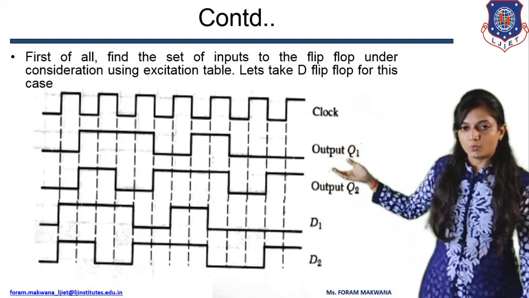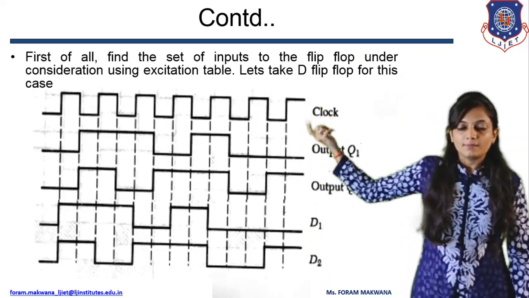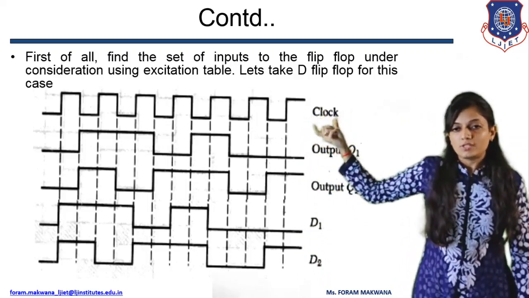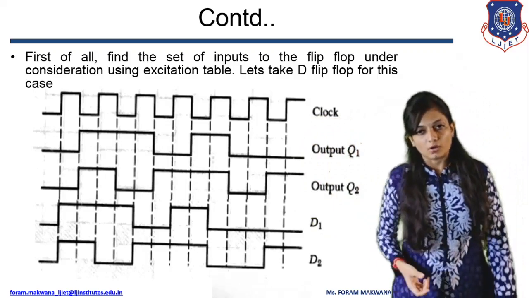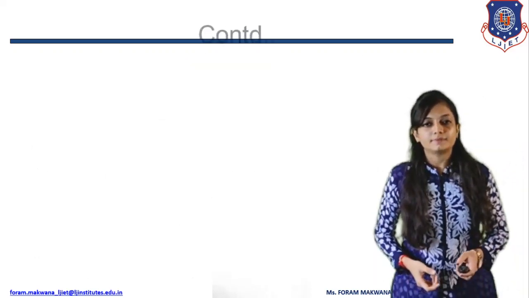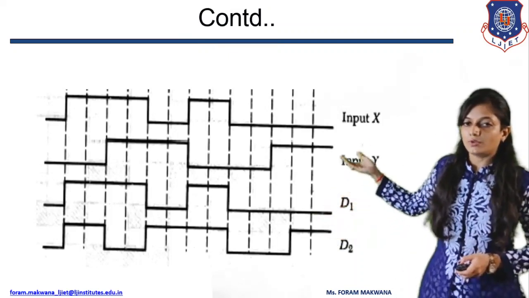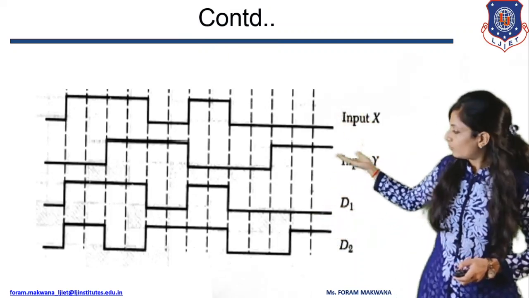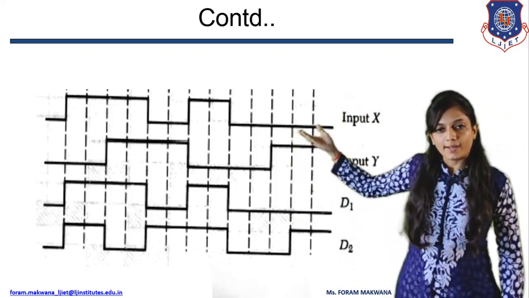So outputs Q1, Q2 and inputs D1, D2 are the same, as the flip-flops change state based on the negative edge of the clock. As I told you earlier, if we compare input X with D1 and input Y with D2, both are the same. Why?